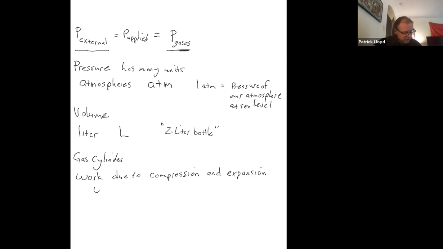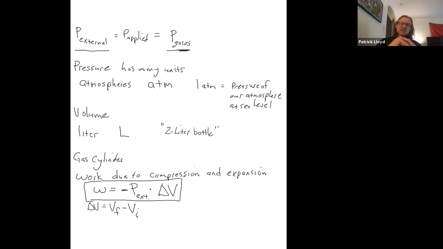The amount of work is equal to a negative, there's a negative in this formula, times P external. I'm going to abbreviate external as EXT, times the change in volume, delta V, where delta V is the final volume of the cylinder minus the initial volume of the cylinder. This is the equation we use for mechanical work of a gas cylinder.